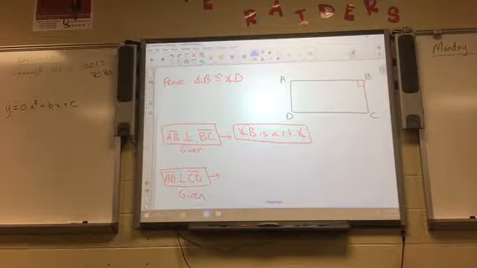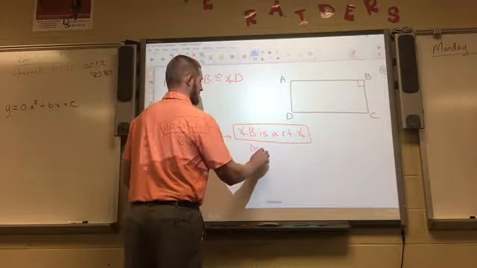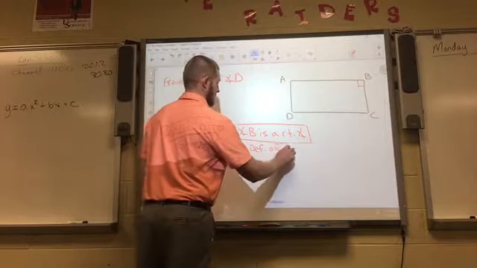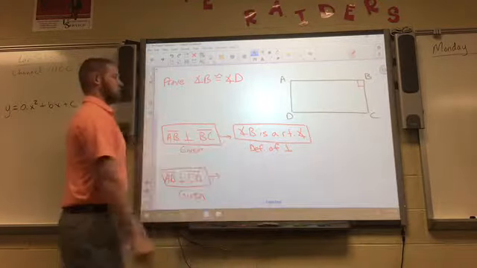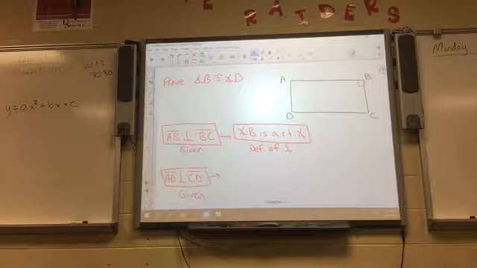Right, so if you're telling me it's a right angle because they're perpendicular, you're using what definition? Definition of perpendicular. The definition of perpendicular is that if two lines are perpendicular, then they form a right angle. Right? So when I say it like that, we definitely use that, right?